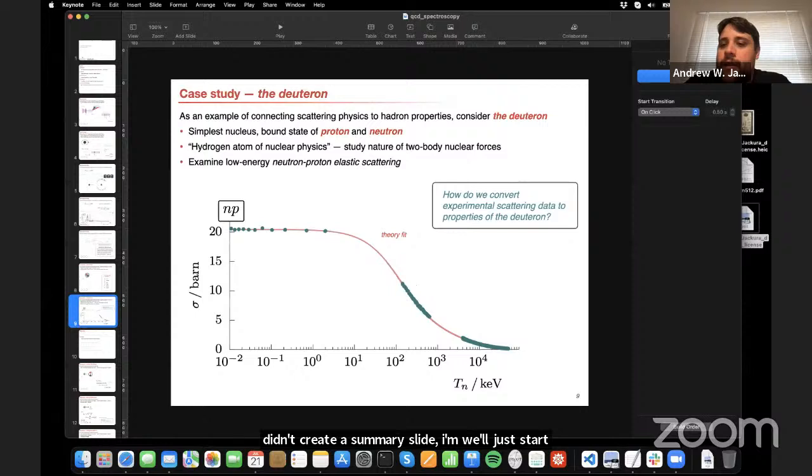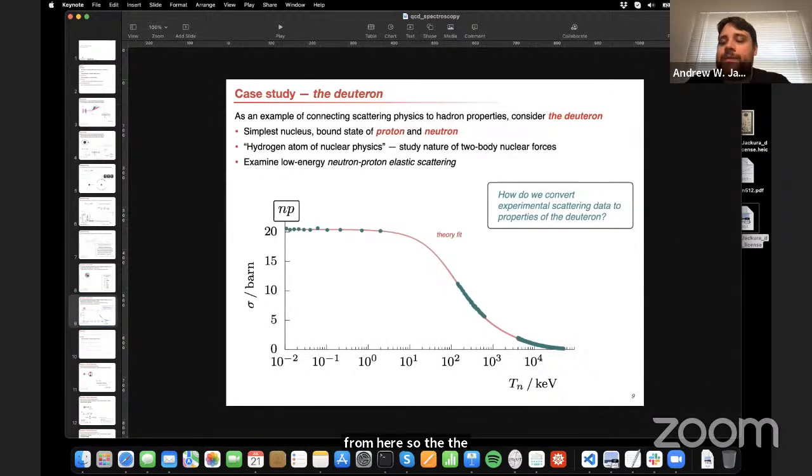So the whole idea behind a lot of techniques I'm showing is, since we can't calculate a lot of low energy, strongly interacting physics from QCD directly using standard perturbation theory techniques, a lot of what we know is inferred by doing analysis on experimental data.